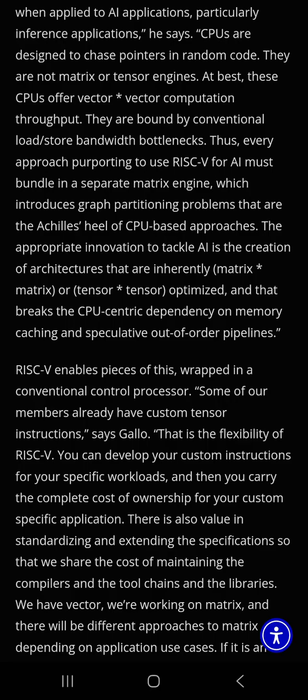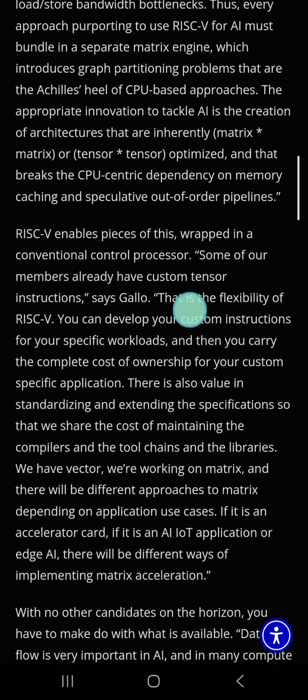The appropriate innovation to tackle AI is the creation of architectures that are inherently matrix-by-matrix or tensor-by-tensor optimized, and that decrease the CPU-centric dependency on memory caching and speculative out-of-order pipelines.